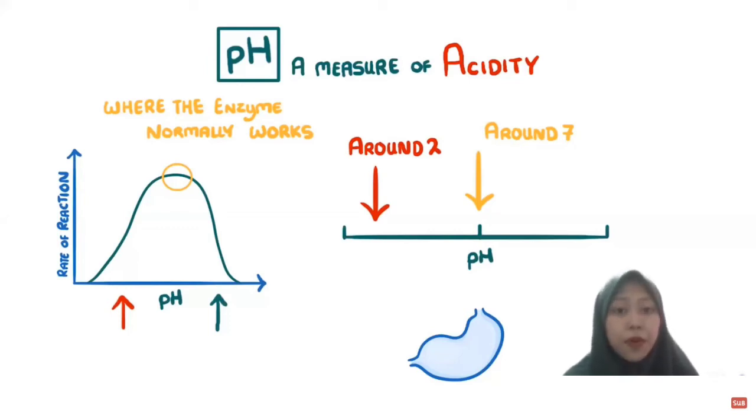As you know before, if the active site changes shape too much, the substrate cannot fit at all, and the enzyme can be denatured. The optimal pH will depend on where the enzyme normally works. For example, most enzymes in our body work at neutral pH around 7, but the enzymes that work in the stomach have an optimal pH around 2. That is the pH of the stomach.